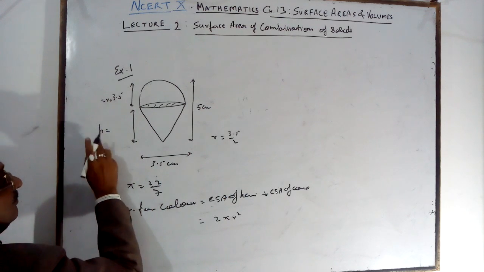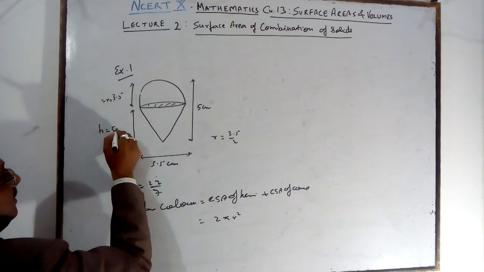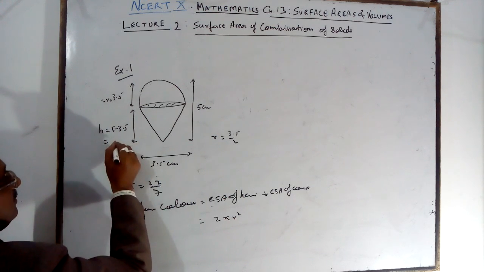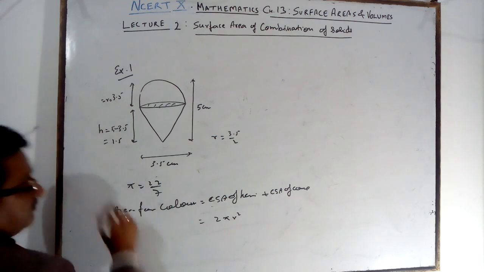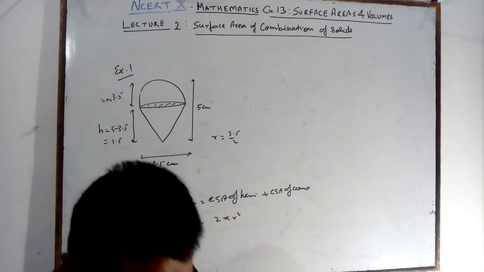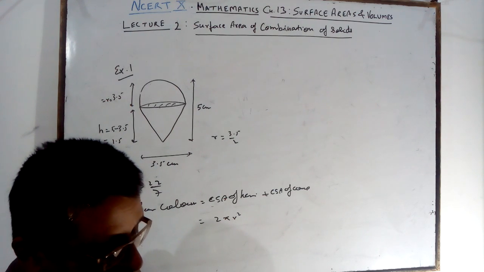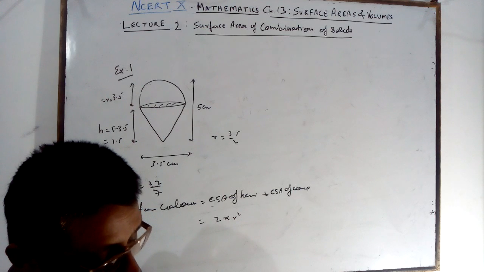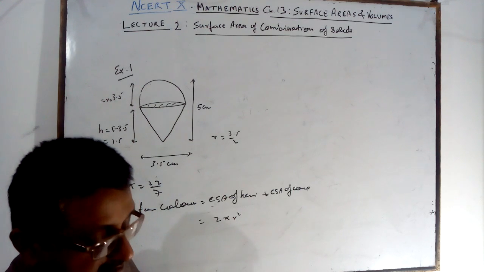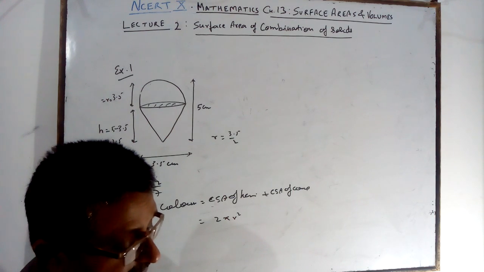So height of the cone will be 5 minus 3.5, then 1.5. But how will you complete this? CSA of the cone and CSA of the hemisphere are very important.